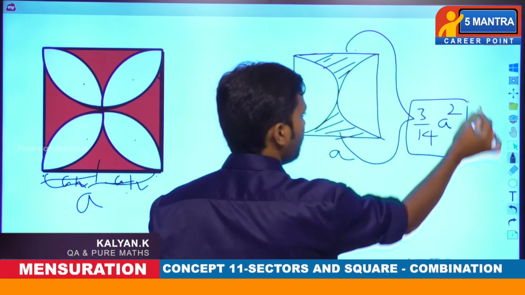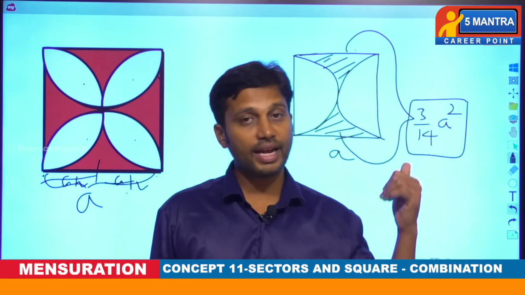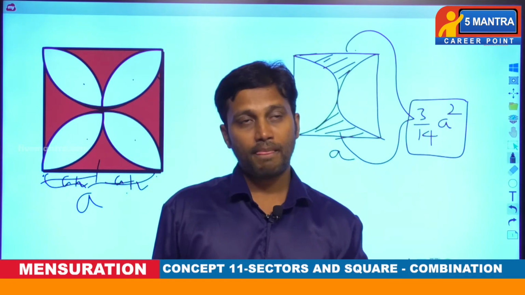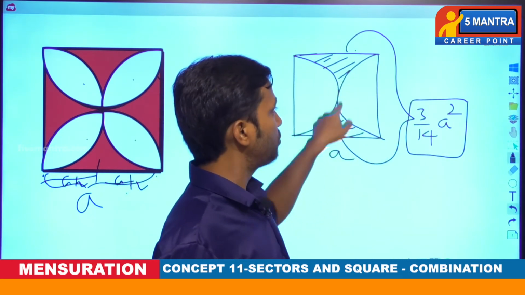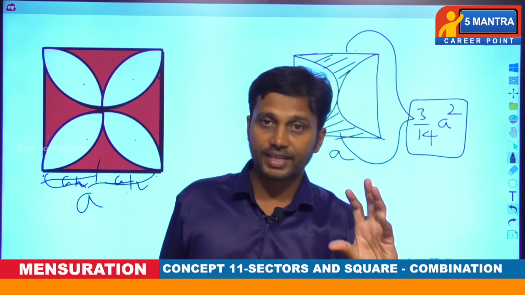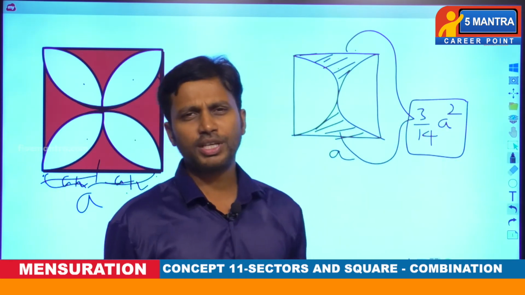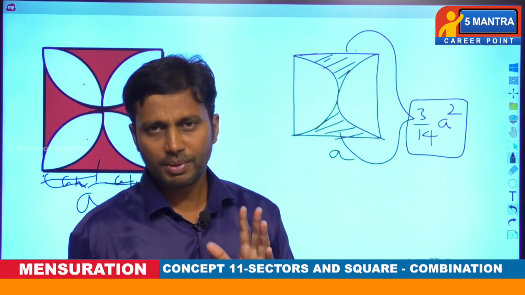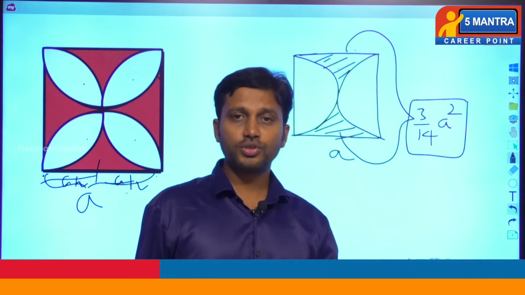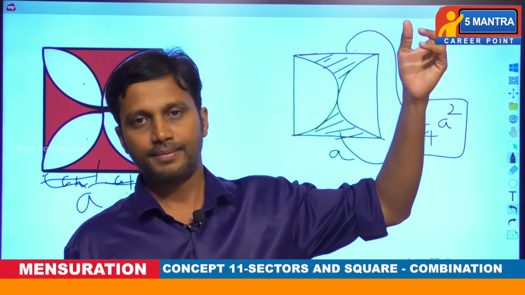That was the first technique I taught you in the beginning of the mensuration sessions. The sum of the gaps area, that is the shaded area, would be 3 by 14 A square. Did you remember this or not? Those who don't know about this technique may go to the first concept and see.